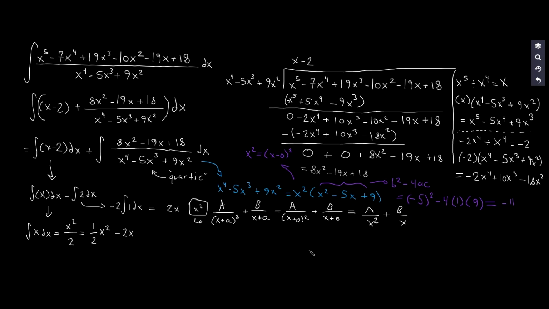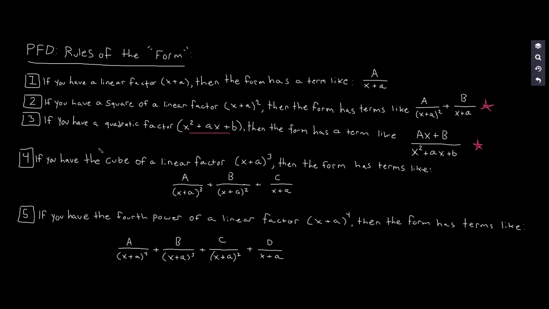And then on the other hand, we have x squared minus 5x plus 9, right? And then if we look back here, we can see that, well, that's a quadratic factor, and it's going to have the following term: a times x plus b over x squared plus a times x plus b.